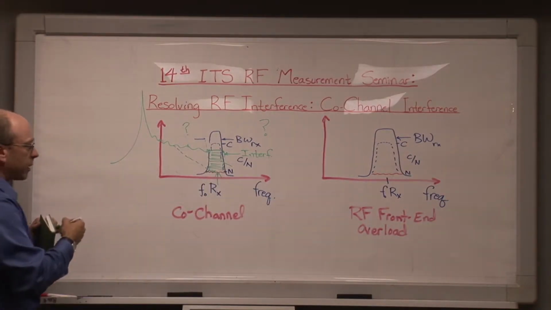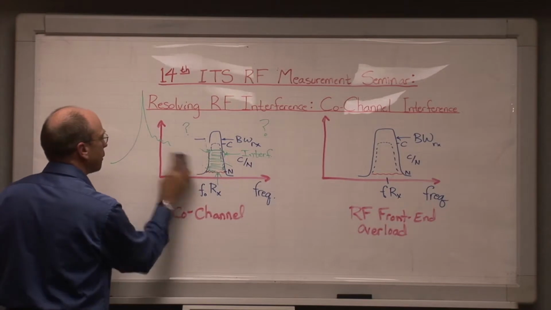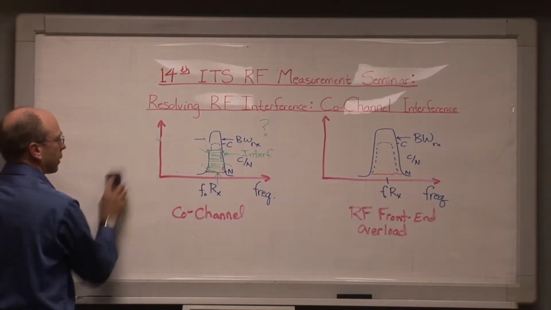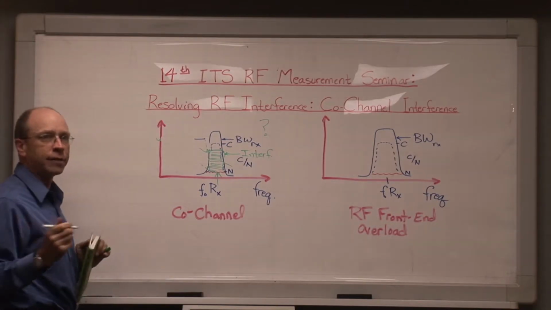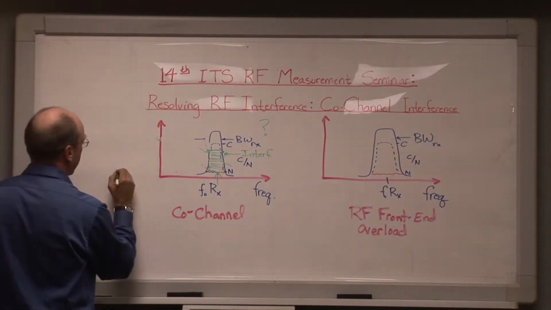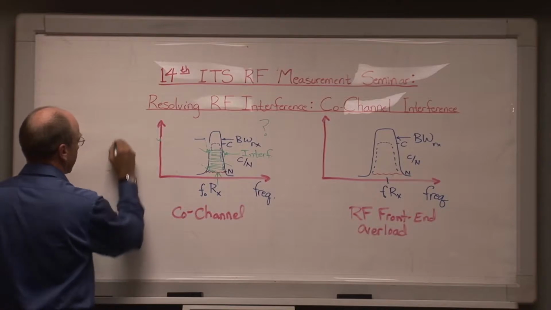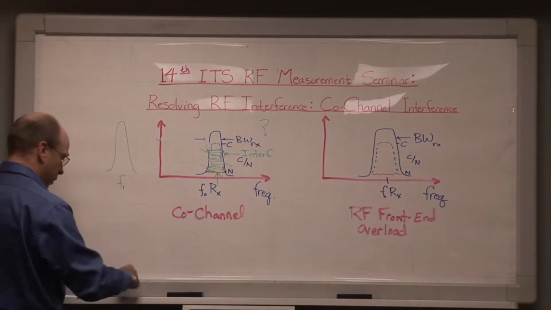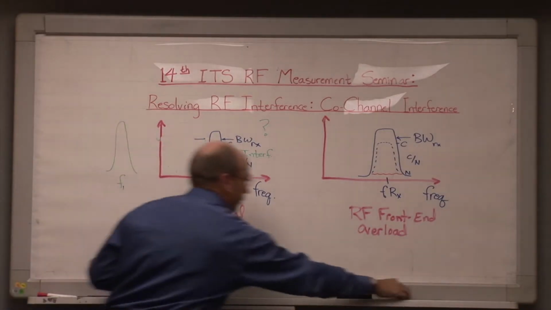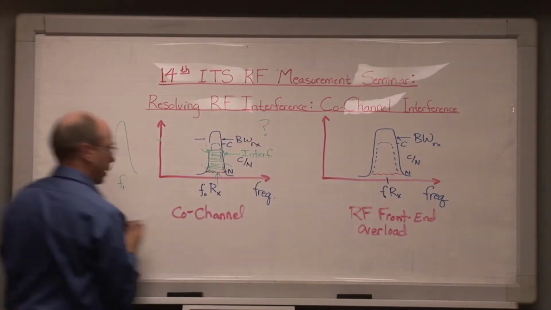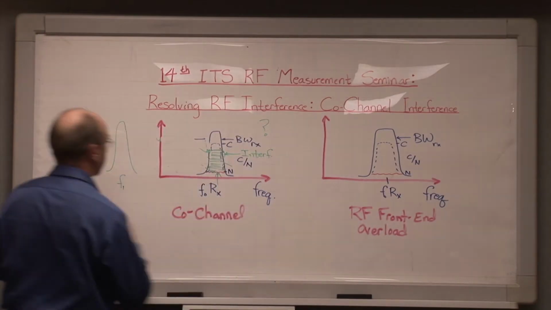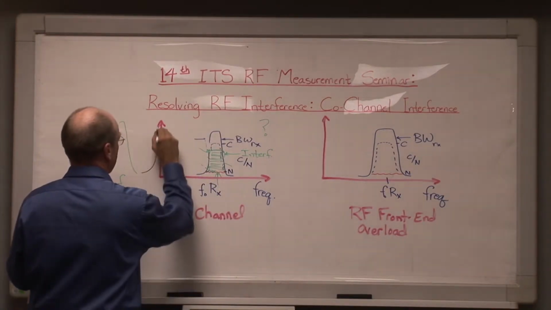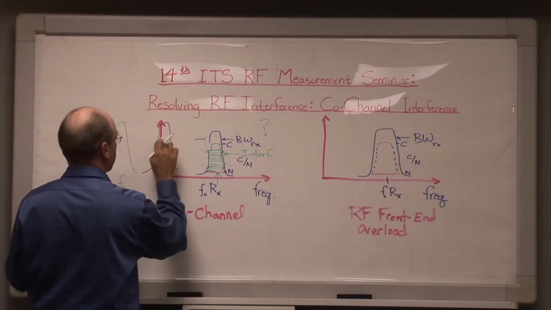Now, there's another way that this can occur, and it's not due directly to the operation of a particular transmitter, but rather due to the operation of two transmitters. A case where we have a transmitter running on a frequency F1 here, and another transmitter running on some other frequency F2, which we'll draw here, looking like this.